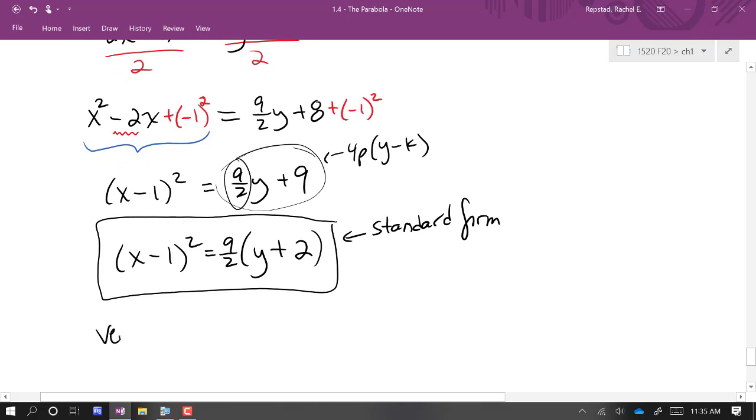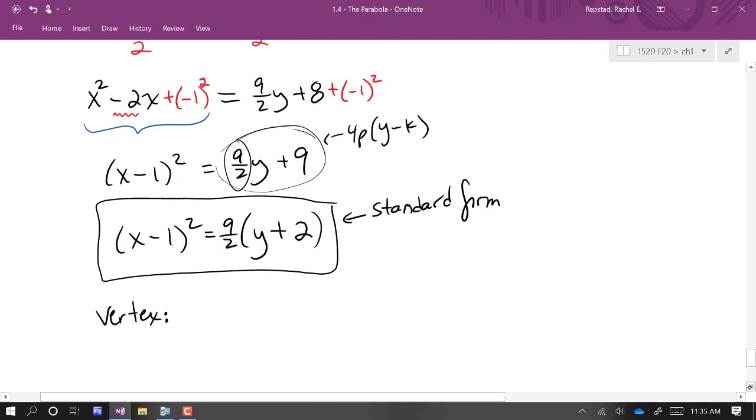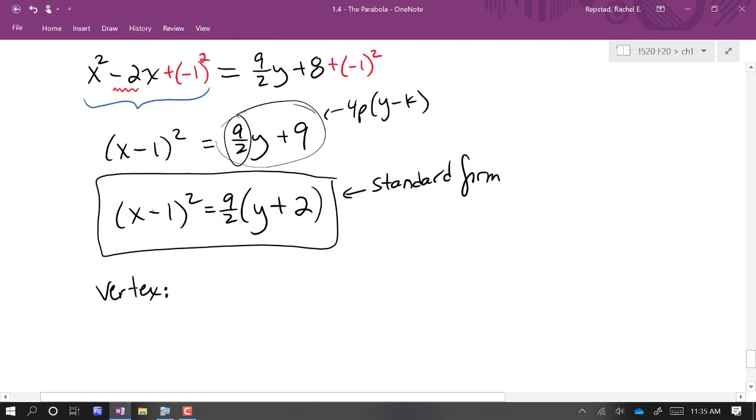Now we want to find the vertex and the focus. Well, the vertex, that's pretty low-hanging fruit now. The vertex is going to be (1, negative 2). And of course I get that information just by grabbing these numbers and changing the signs. And the focus, now this parabola opens upward, right?